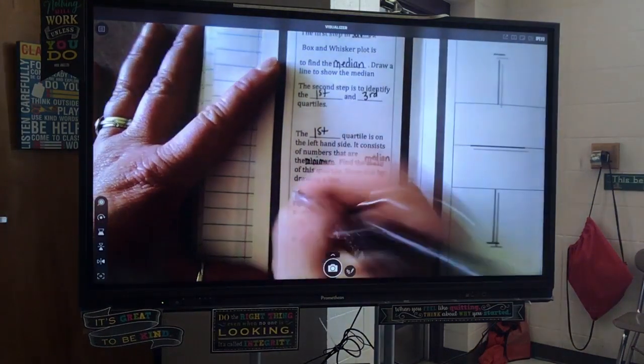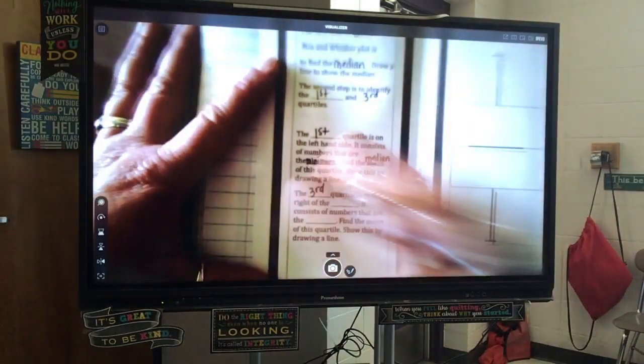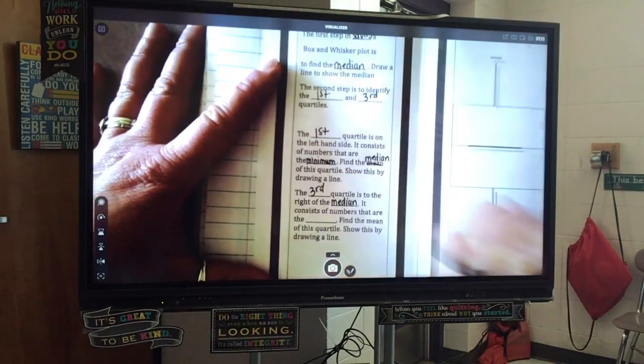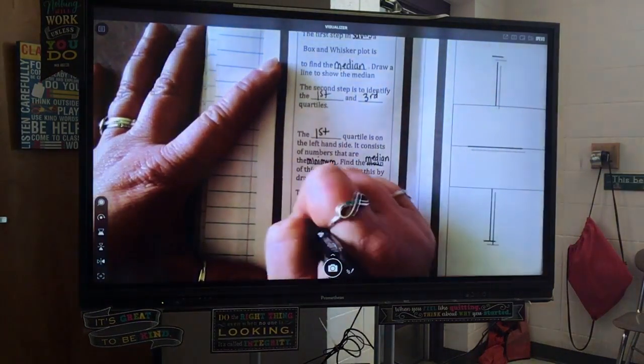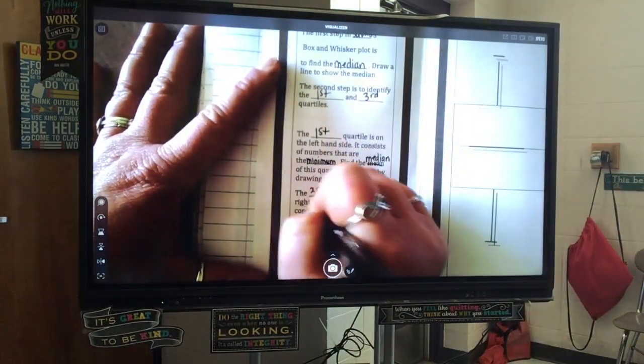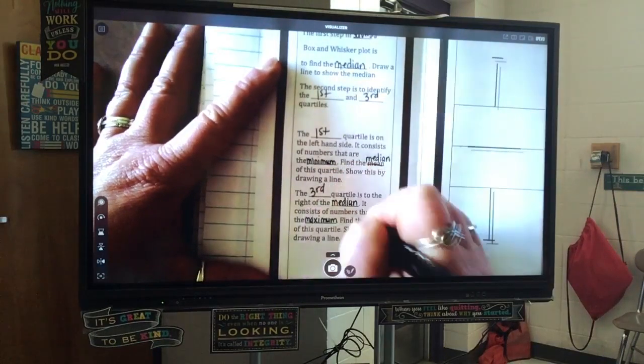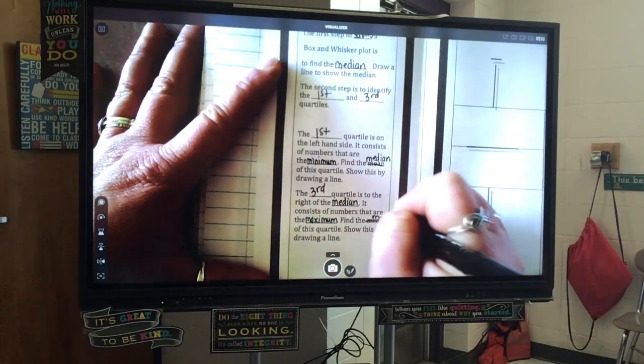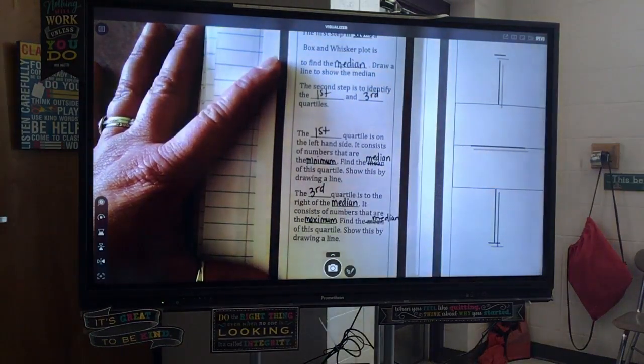And then the third quartile is to the right of the median. It consists of numbers that are the maximum. Find, and again, it shouldn't be the mean, it should be the median, of this quartile and show this by drawing a line.